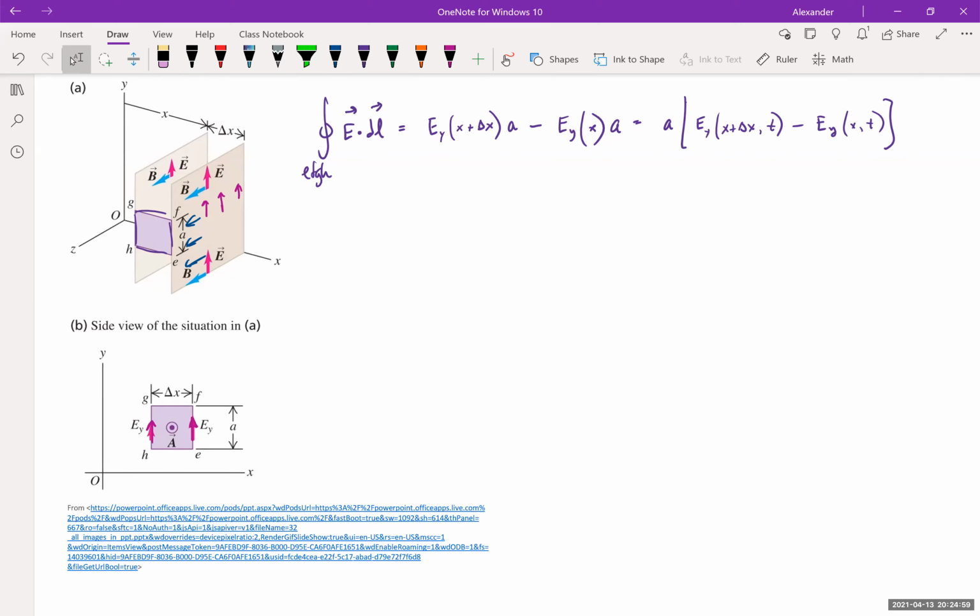Well, okay, so the flux passing through that surface, flux should be... I guess we'll use blue.